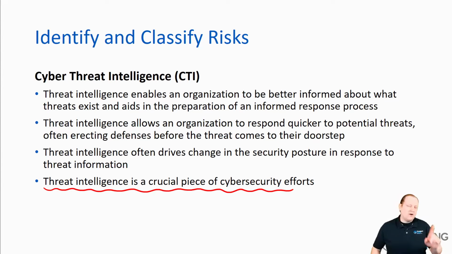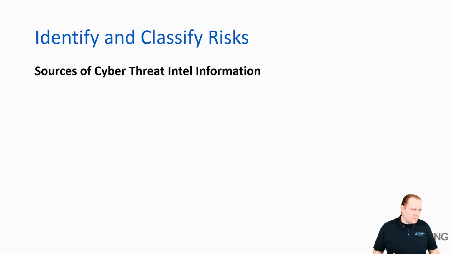So we want accurate information, we want timely information, we want relevant information. Those are 3 metrics that I look for when I consider where I'm getting my threat intelligence from. Here are some of the sources, though, that are out there.